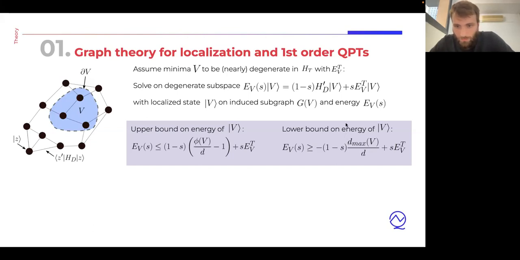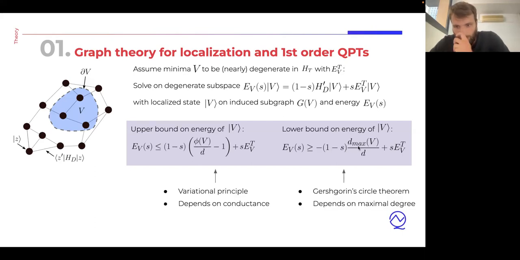The lower bound is shown here on the right-hand side, and it depends basically on the maximum degree of the induced subgraph G_V, and it can be relatively easily derived using Gershgorin's circle theorem, applying this to the degenerate eigenvalue problem on the top here.